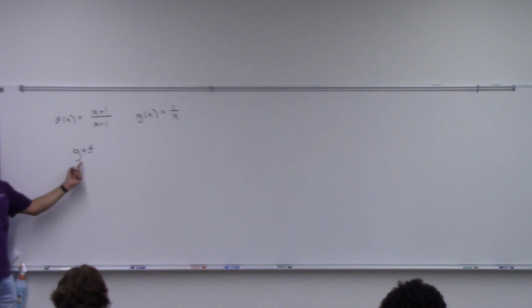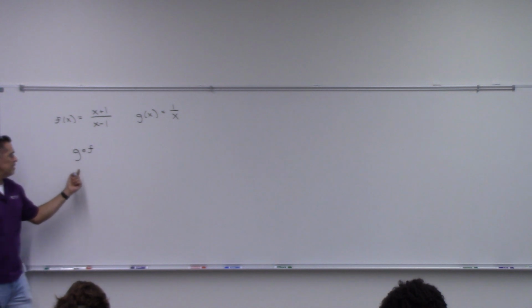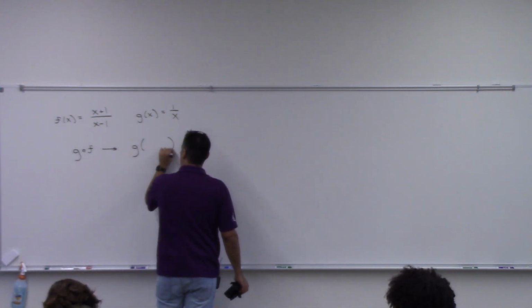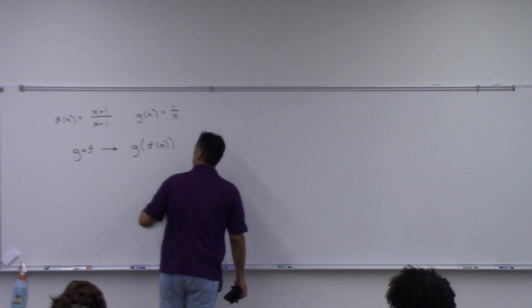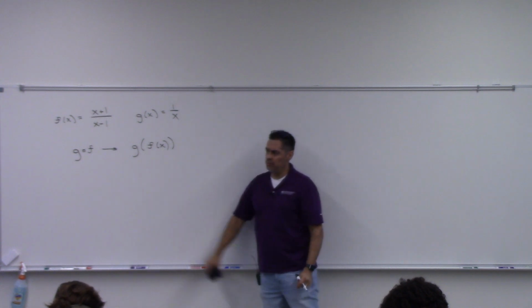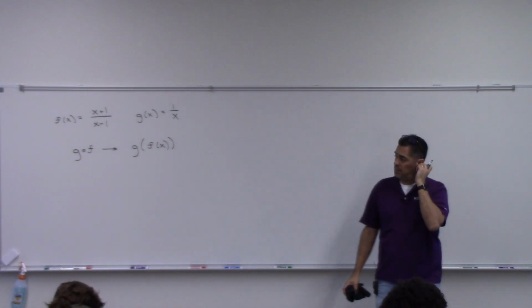So first you got to know what that means, right? G of f means g and inside of it f. If those were reversed, then this would be f and inside of it g. So it's like left to right.